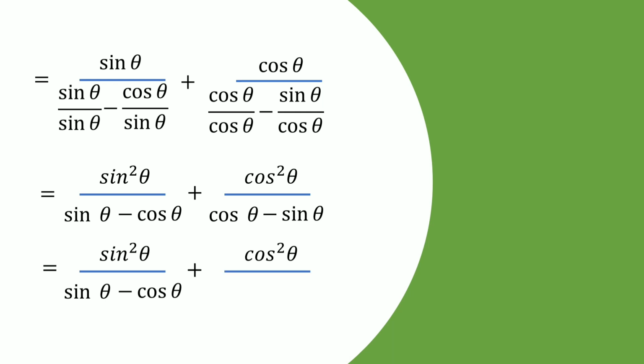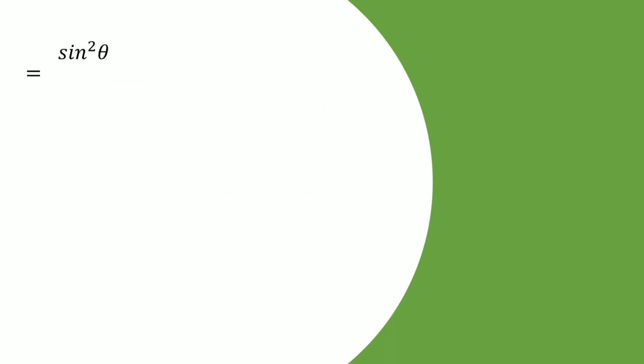Here cos theta minus sin theta changes as, observe, sin theta minus cos theta, so this sign changes into negative. You can directly write it here like this. So sin theta minus cos theta becomes the LCM. In the next step, we can use sin square theta minus cos square theta over sin theta minus cos theta.